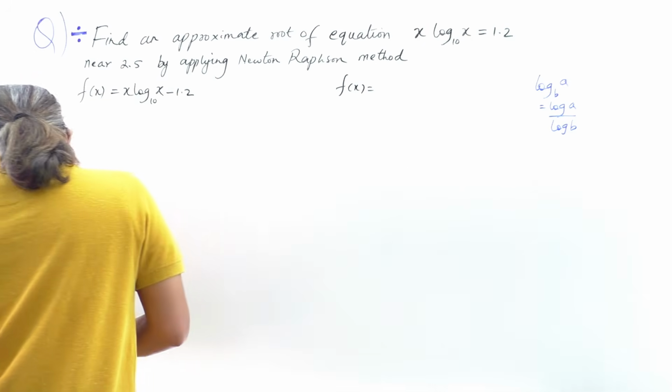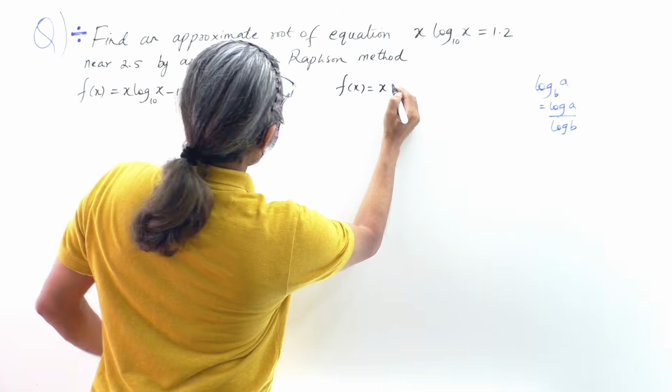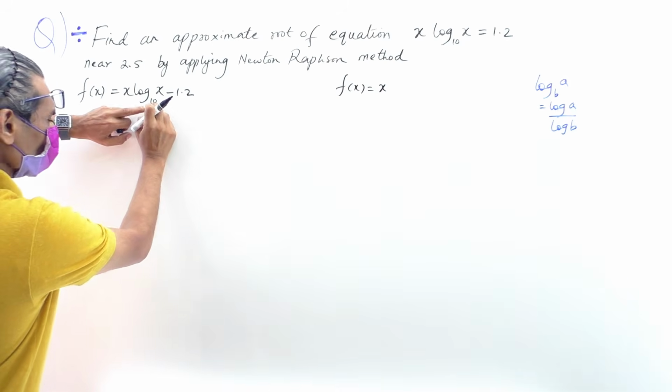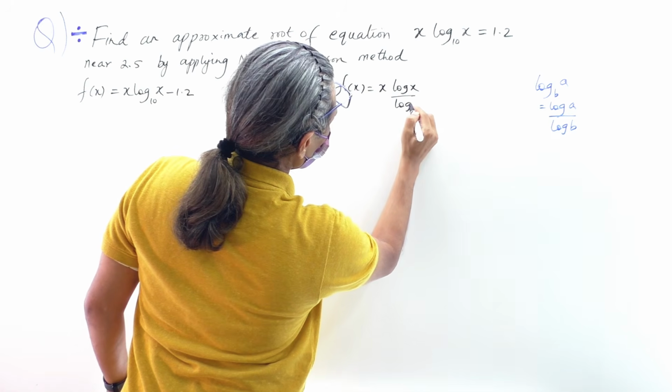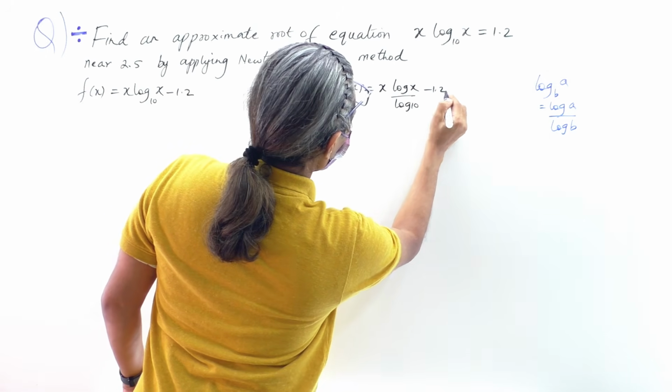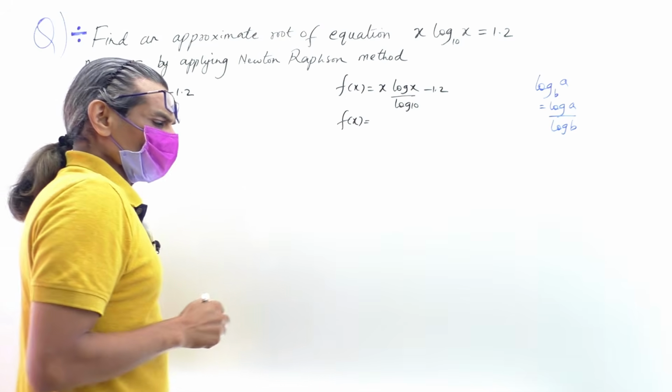I can use that, that's why basics need to be strong. So x into, I can write log x to the base 10 as log x over log 10, minus 1.2.